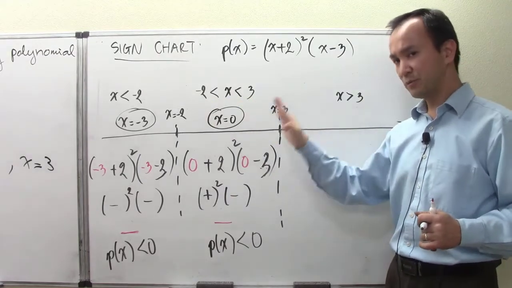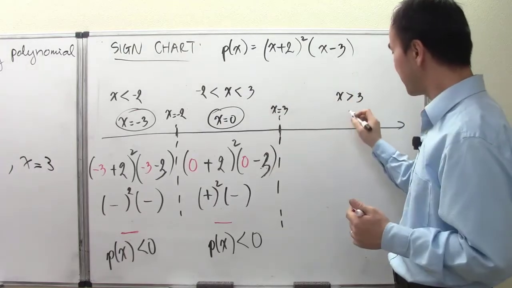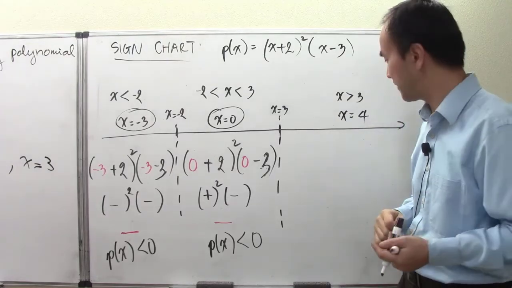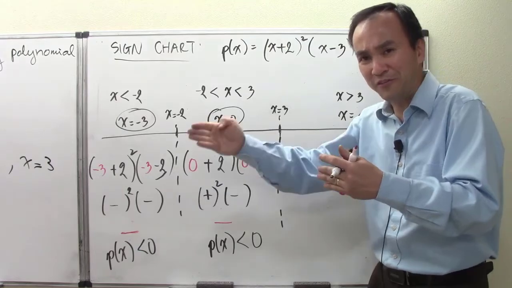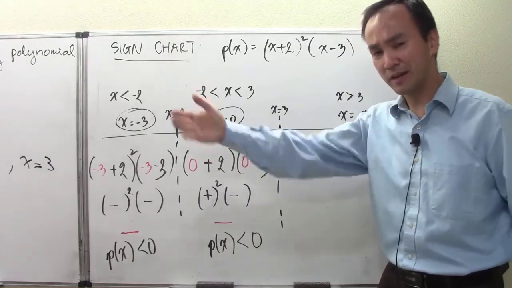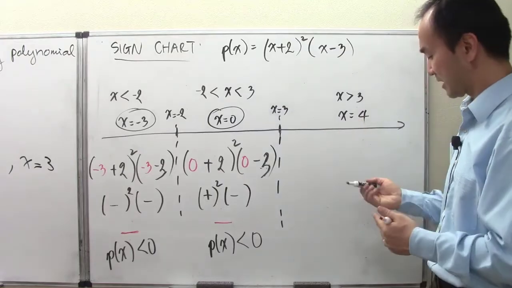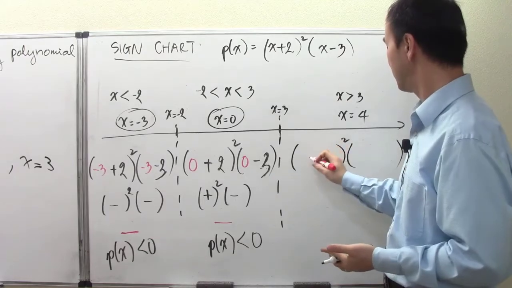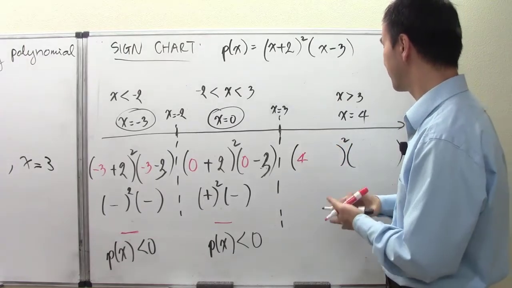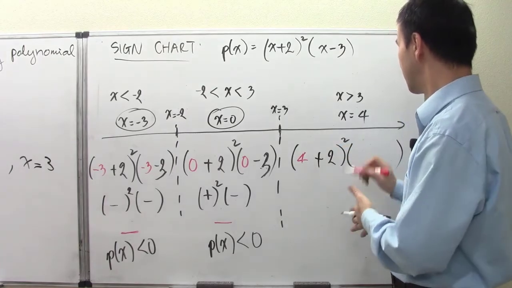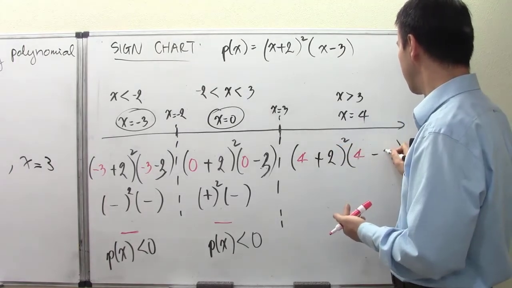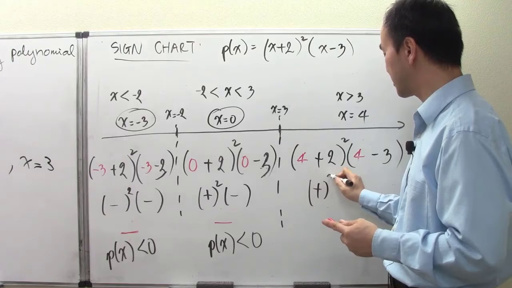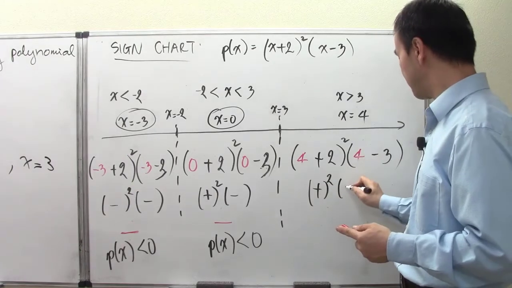All right, and then let's move on to the last interval. So now I'm going to pick x equals 4. You can pick x equals 5. You can pick x equals 3.5. As long as your value is greater than 3. So now, again, I'm looking at 4 plus 2, and here it's 4 minus 3. 4 plus 2 is a positive factor, and we're going to later square that. 4 minus 3 is a positive factor.